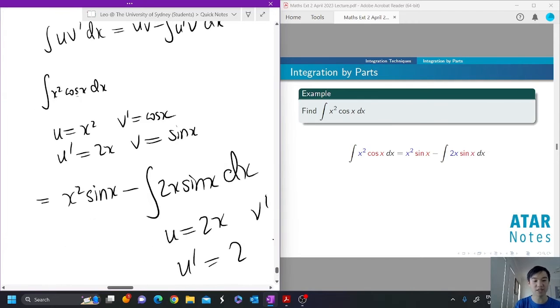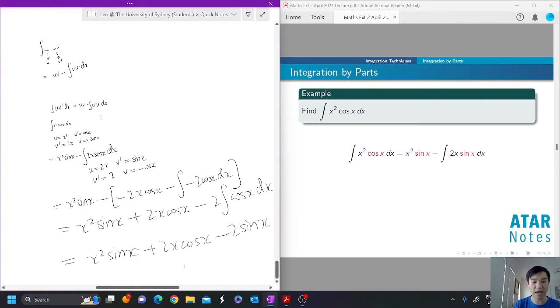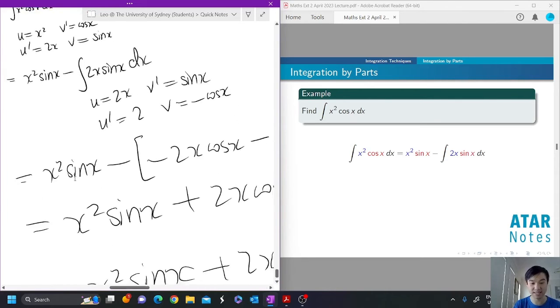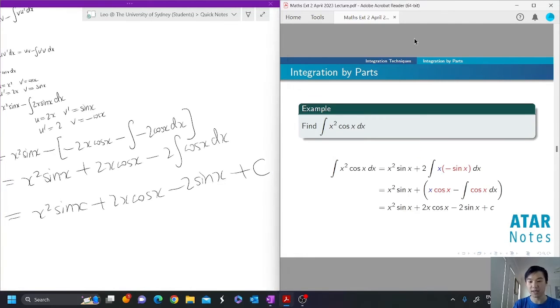So ta-da, we just integrated x squared cos x using integration by parts. Note how we had to apply it twice in order to get the answer. As the slides say, that's what your answer is going to be: x squared sine x plus 2x cos x minus 2 sine x.